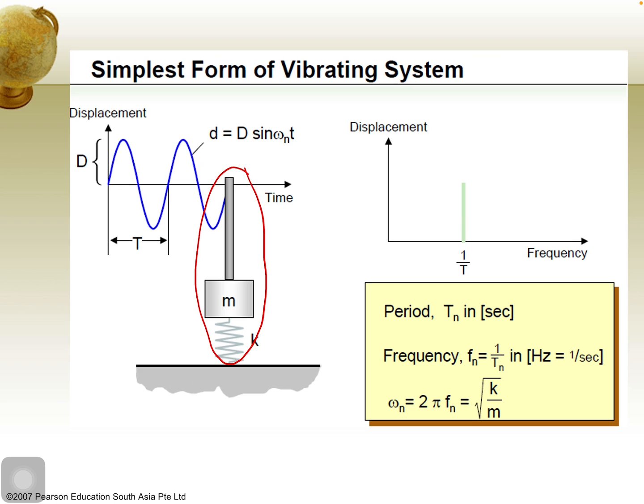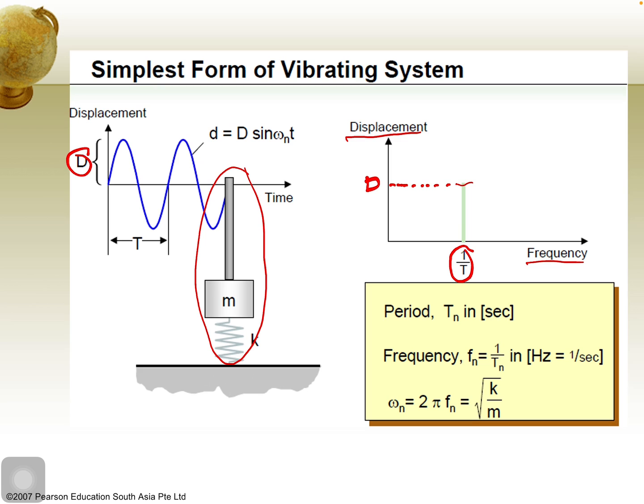So the displacement is in sinusoidal shape against the time. But when we consider the displacement against the frequency, it is constant, and the formula for the frequency is 1 over the period T. So the period is constant, but the displacement is equal to D, similar to this D.